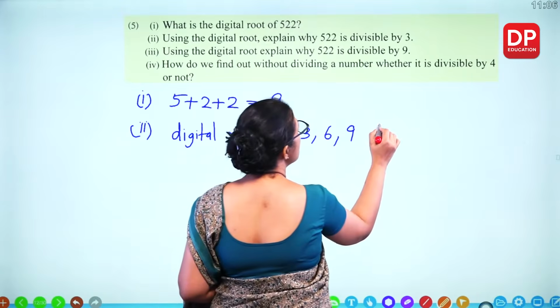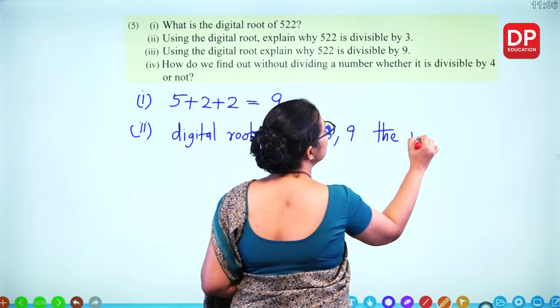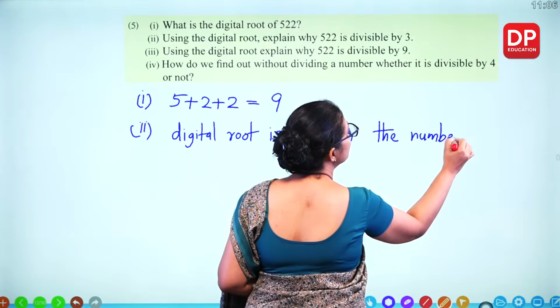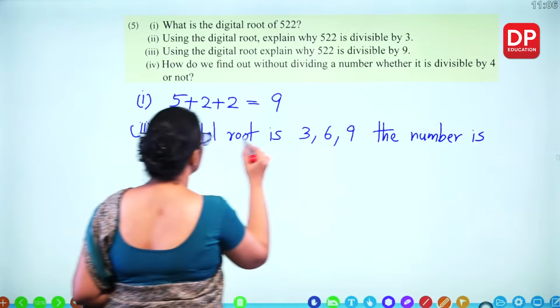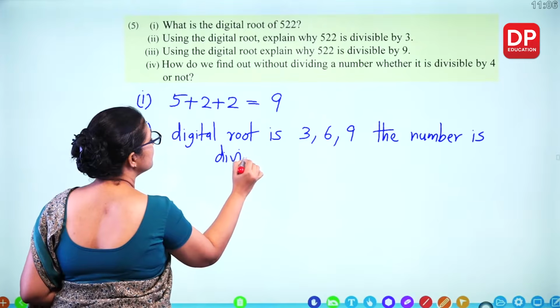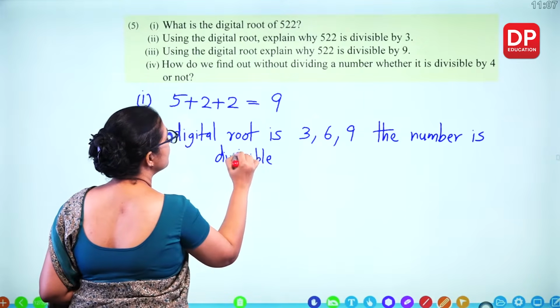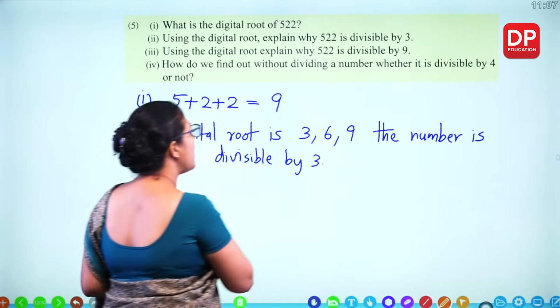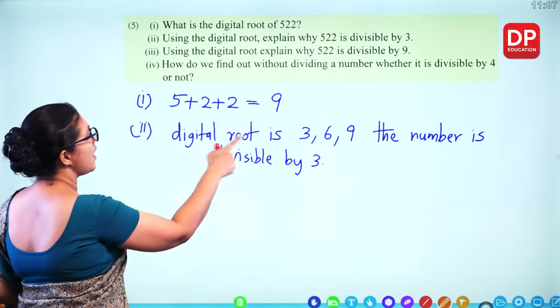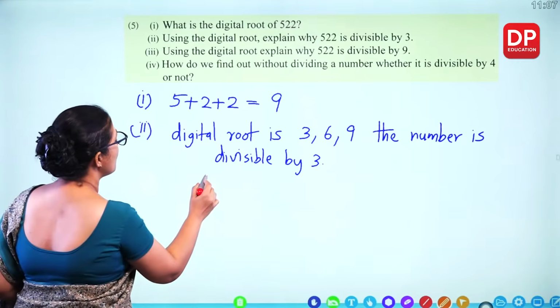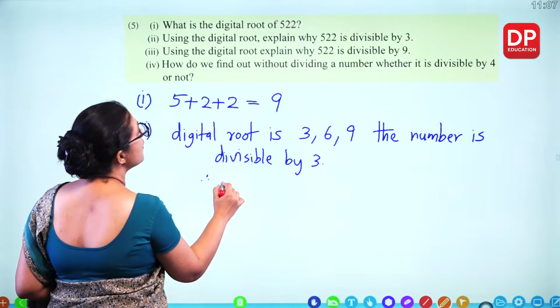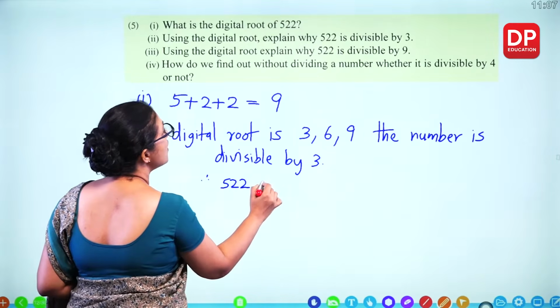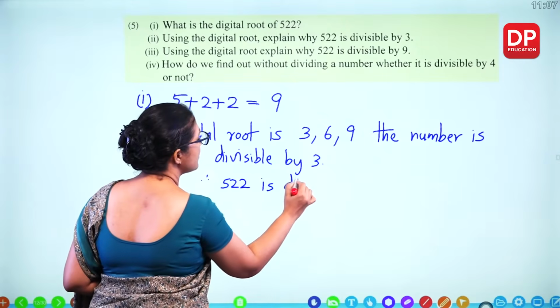The number is divisible by 3 without a remainder. So 9 is there. Therefore, 522 is divisible by 3.